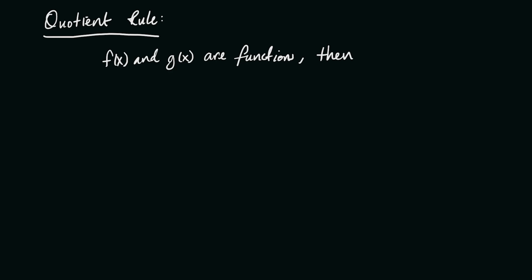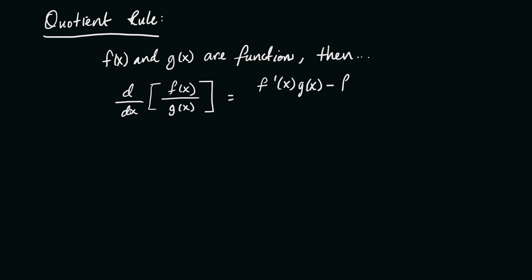Then the derivative of f of x over g of x is just equal to f prime of x times g of x minus f of x times g prime of x over g of x squared at the end.